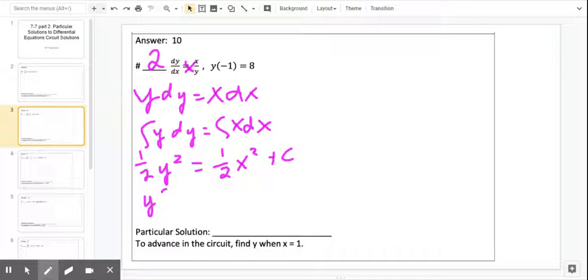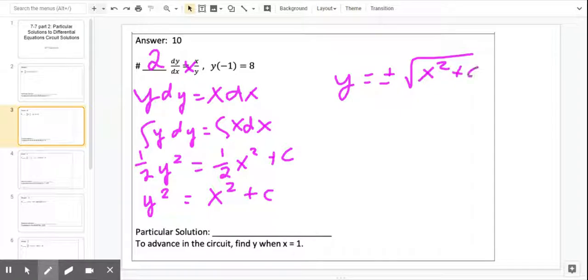Multiply by 2 on both sides. y squared equals x squared plus c. And then take the square root of both sides. So y equals plus or minus the square root of x squared plus c.